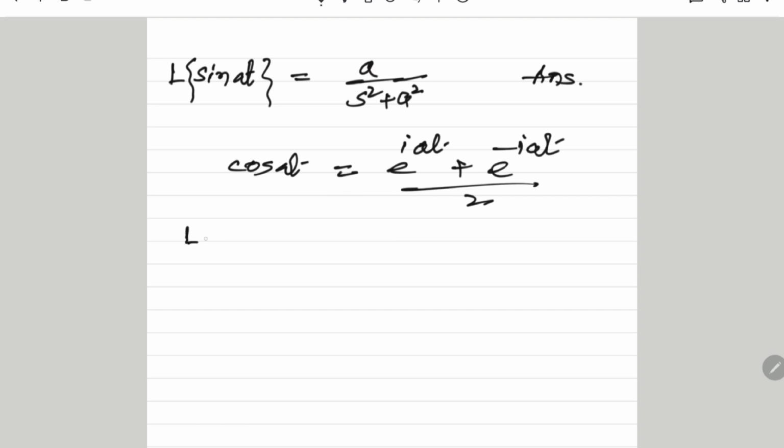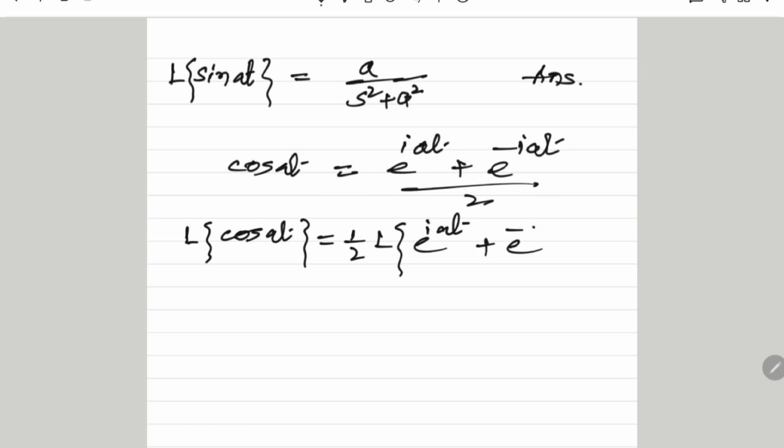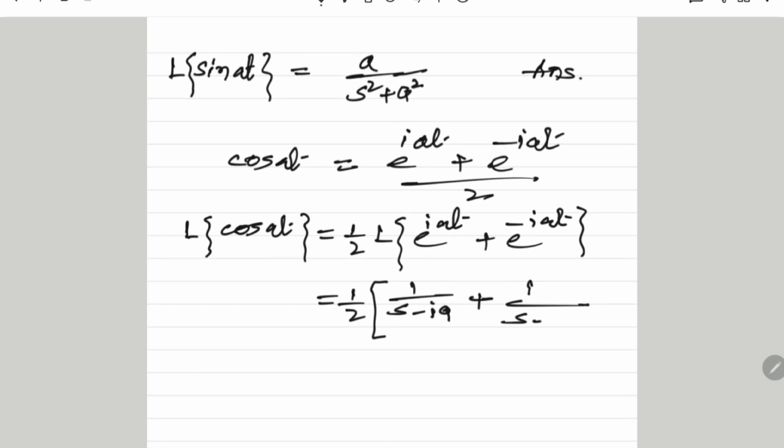Taking Laplace on both sides, Laplace of cos at is 1 by 2, constant term outside, Laplace of remaining term e raised to iat plus e raised to minus iat. It is 1 by 2 into Laplace of first term is 1 upon s minus ia plus Laplace of second term is 1 upon s plus ia.